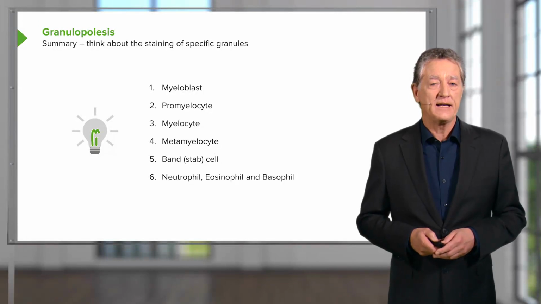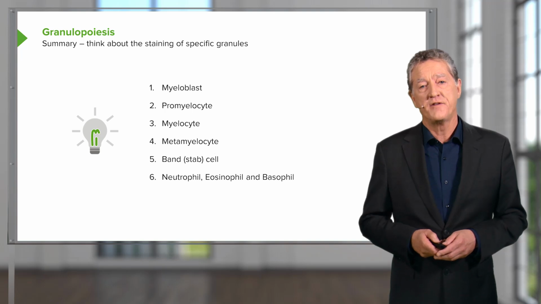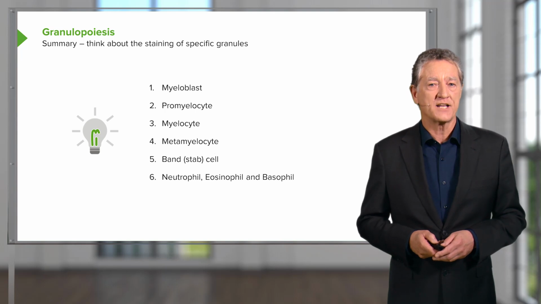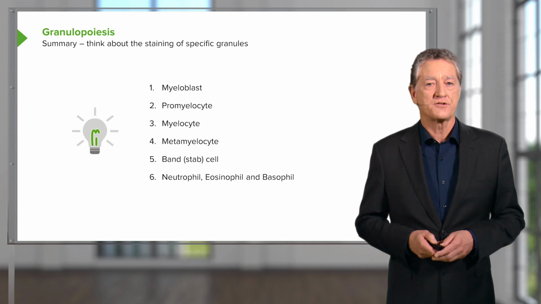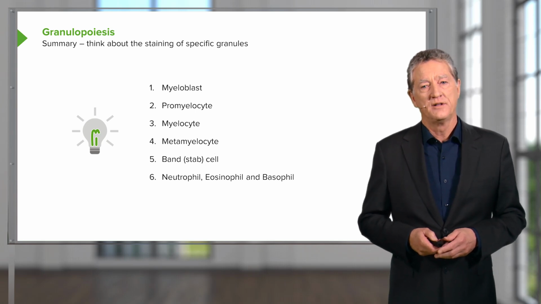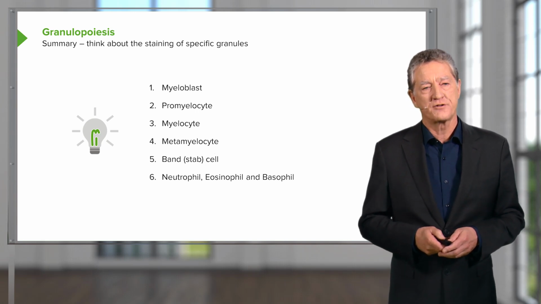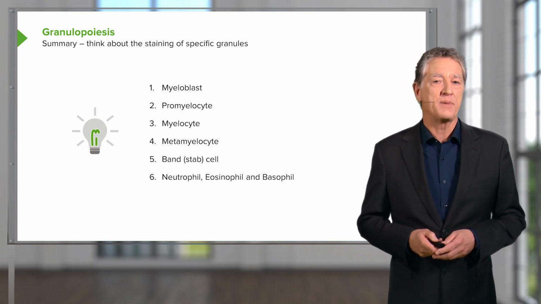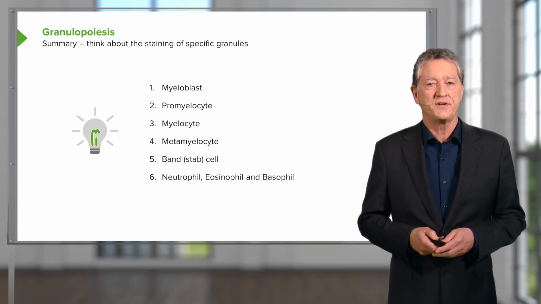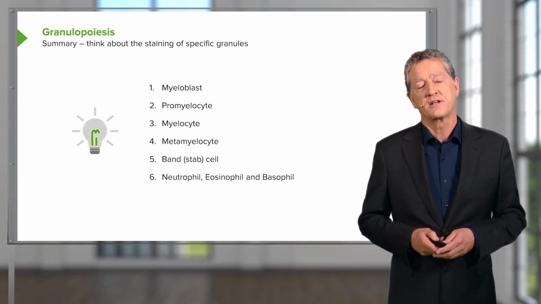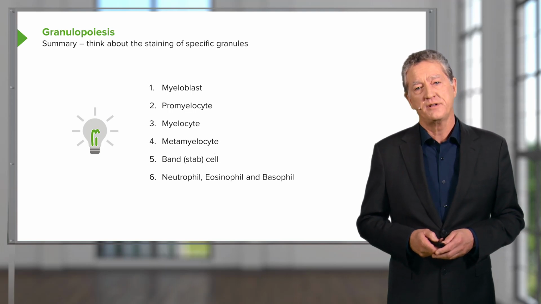So, again, I hope you have some understanding of the various lineages whereby the myeloblast can give rise to granulocytes, and concentrate again on the actual finished product of these cell types. The neutrophil, the eosinophil and the basophil each have specific granules within them, containing different components that serve the role of these cells.